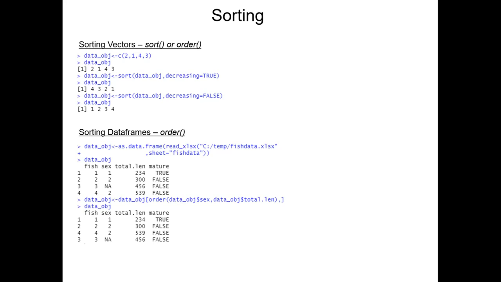So in sex, if we had another row that had sex equals 1 and a length of 100, then you would see the 2 sexes sorted with 1 and 1, and then the length would be 100 and then 234. So there's different levels that you would sort through. That makes sense.